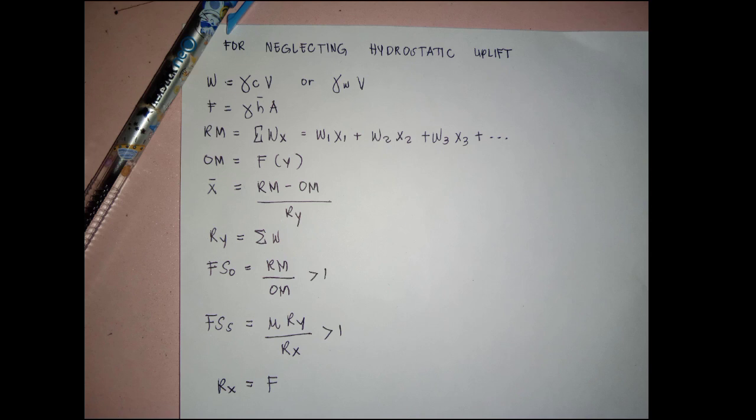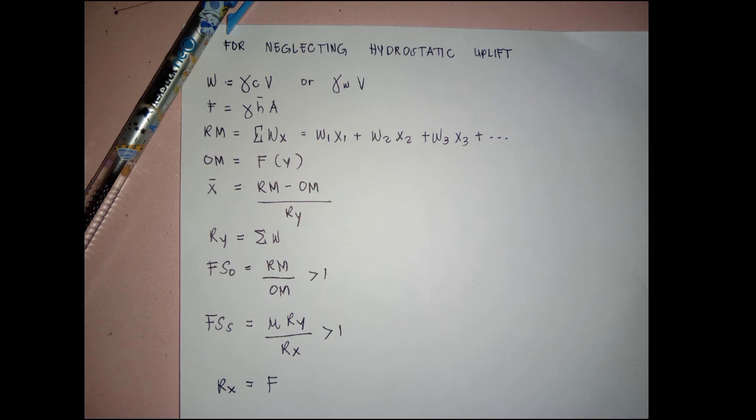For x bar, it is Rm minus Om over Ry. Getting the Ry is just the summation of weight. The factor of safety against overturning is equal to resisting moment over overturning moment, which should be greater than 1. The factor of safety against sliding is equal to mu Ry over Rx, which should be greater than 1.